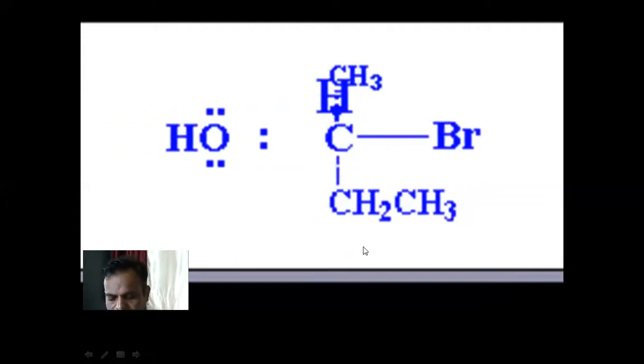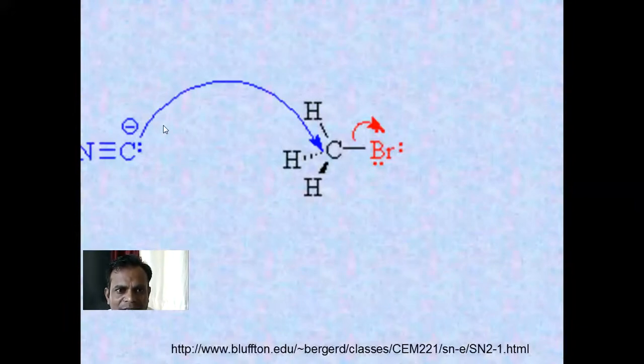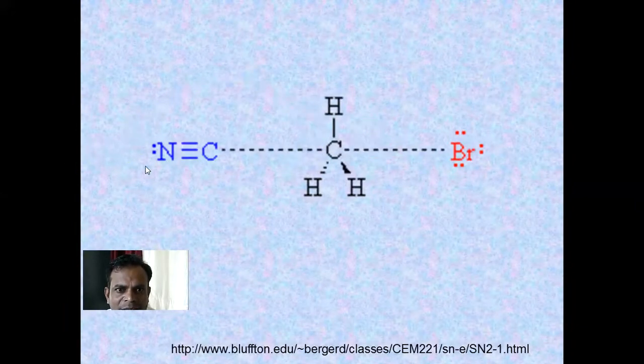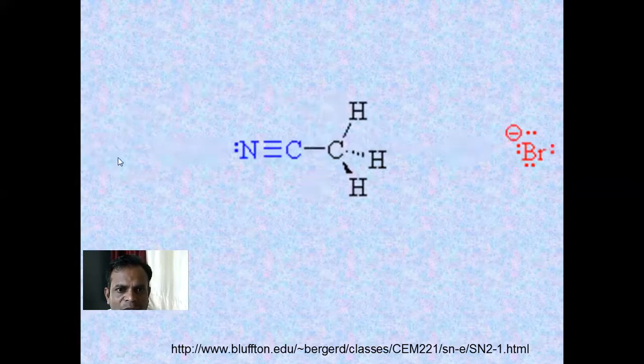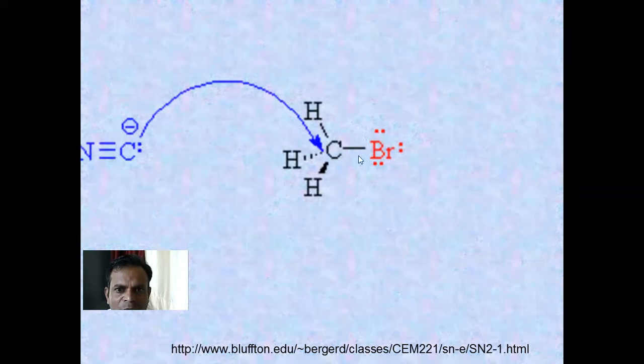Also we want to see its energy profile diagrams. So this is also another example. Now that is nothing but the nucleophile. Attack of a nucleophile takes place from the back side. See here, the nucleophile attacks from the back side and the bromine leaves from the front side.